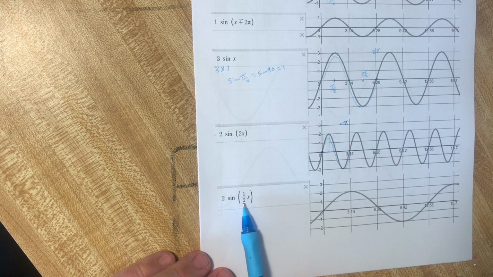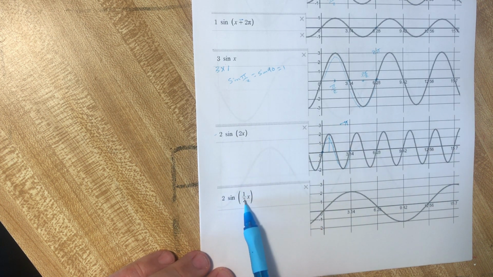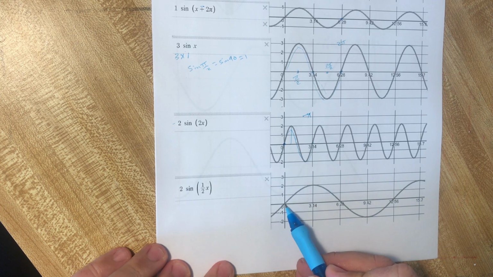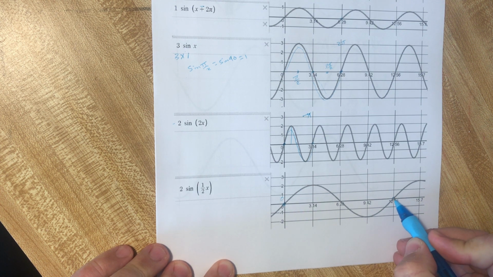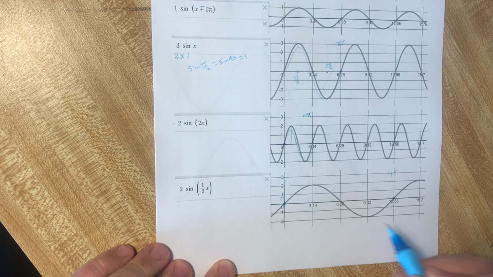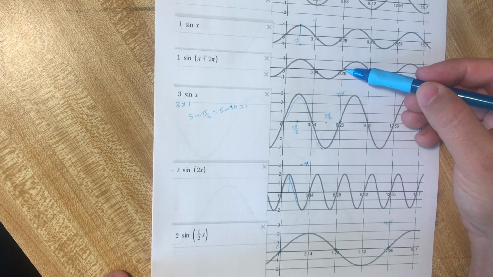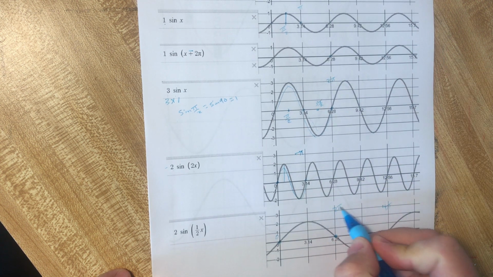Look, when I multiply the argument x by 2, the wavelength is shorter by half. Also, if I multiply the argument x by half, now look at it. The total wave is from 0 to 4 pi, not to 2 pi. The original one is just to 2 pi. The wavelength is 2 pi.